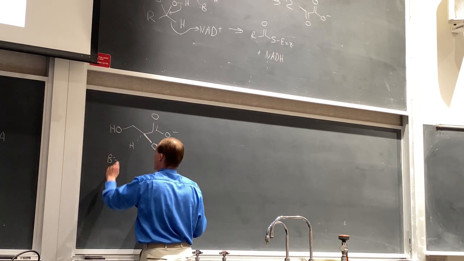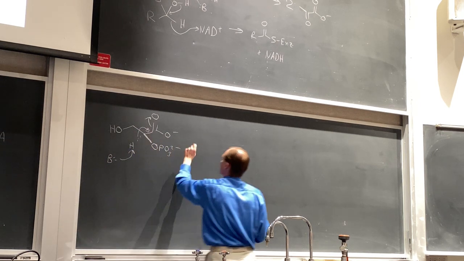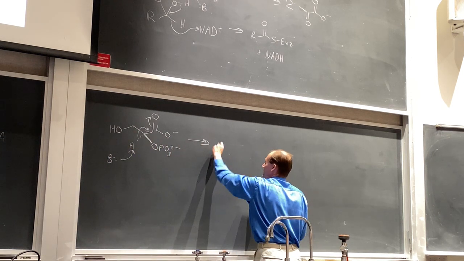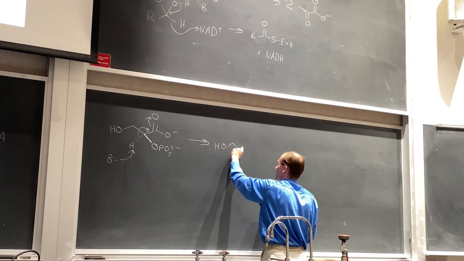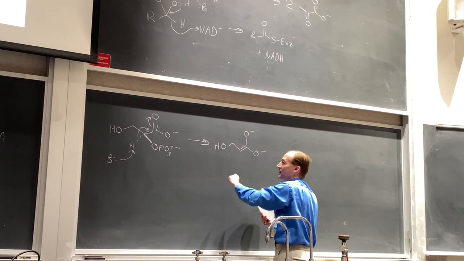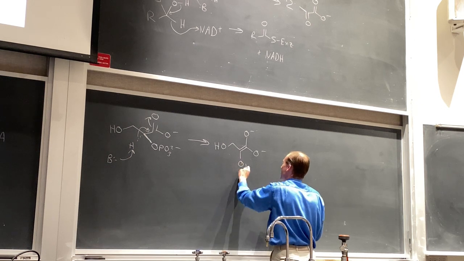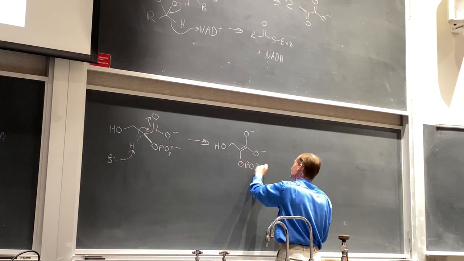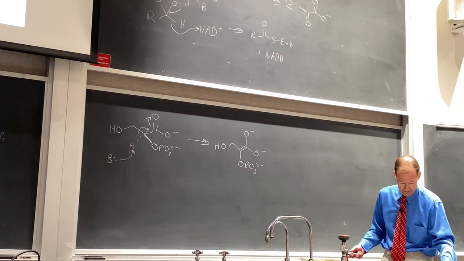We're going to have a base deprotonate. We don't often make enolates of carboxylic acids, or carboxylates, because those carboxylates are already negatively charged. But the active site of the enzyme is going to lower the activation energy for this pathway.